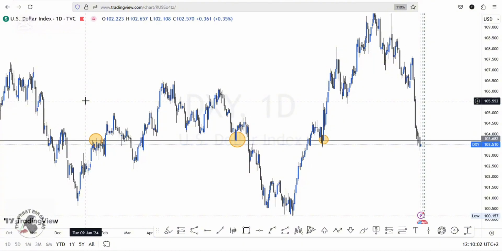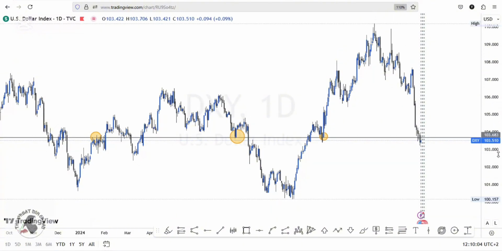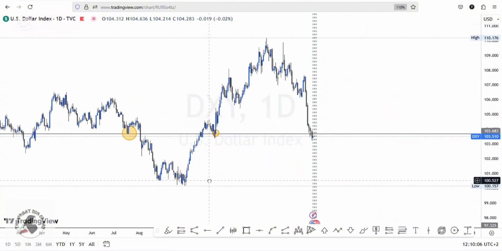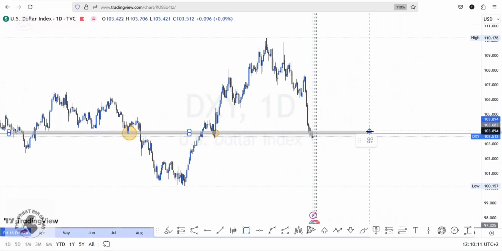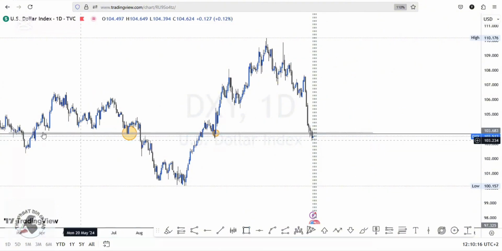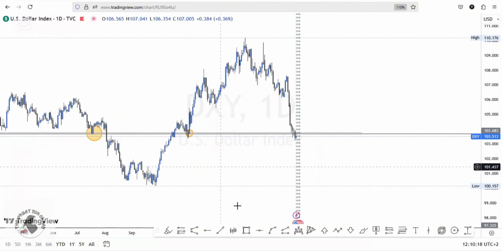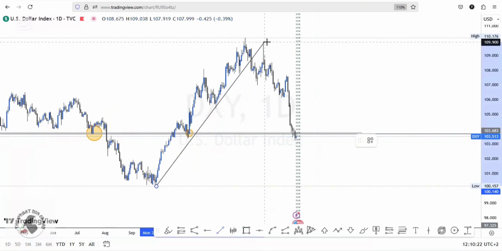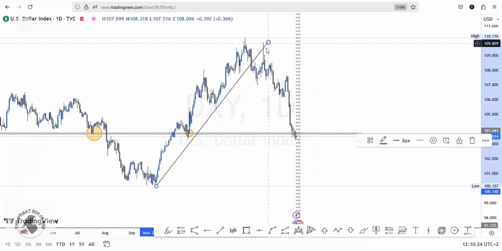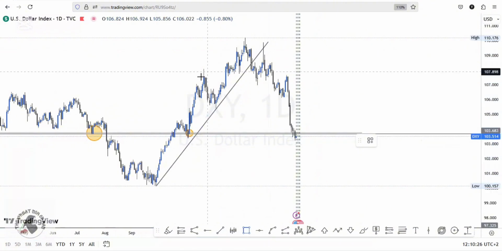You understand? So of which, if you can come and look at the current market price, the market is below the certain zone. So I'm gonna just highlight it with this, so that all of us can see that now the market is below the certain zone. You understand? So let's focus on the previous trend. We had an uptrend. You understand? So on this uptrend, the market has given us a breakout and a retest.